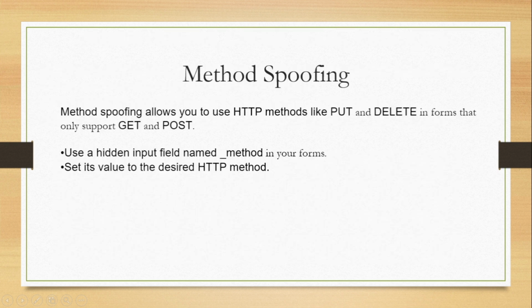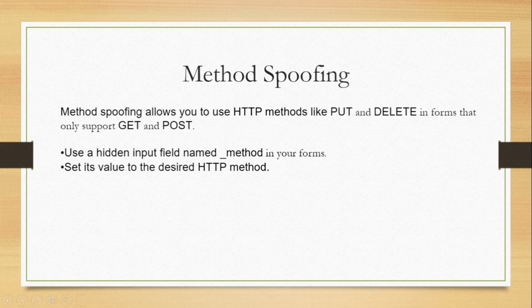Next, method spoofing. Method spoofing allows you to use HTTP methods like put and delete in forms that only support get and post. Use a hidden field named _method in your form. Set its value to the desired HTTP method.